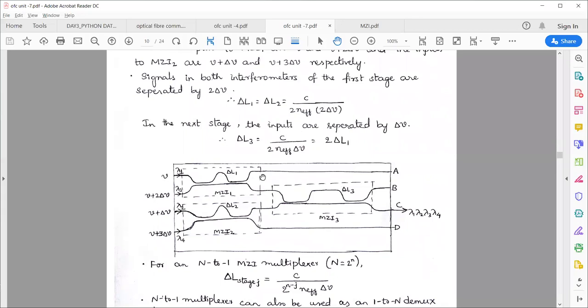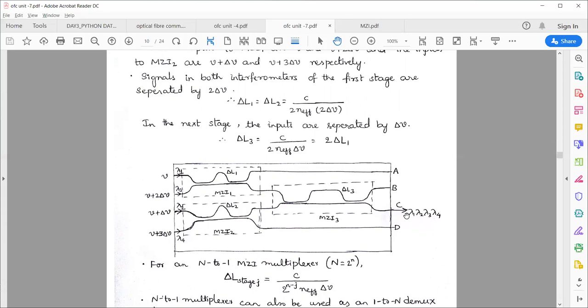The output of the first MZI1 is acting as the first input to one of the arms of the third multiplexer, and the output of the second multiplexer is also acting as the second input to the arms of multiplexer 3, MZI3, so that we are combining two wavelengths at the first stage here, and we are combining another two wavelengths here. So here we'll be getting lambda 1 and lambda 3. Here we'll be getting lambda 2 and lambda 4, and together we end up getting lambda 1, 2, 3, 4. So we have 4 different wavelengths at the 4 different input ports, and they are all combined at the single port.